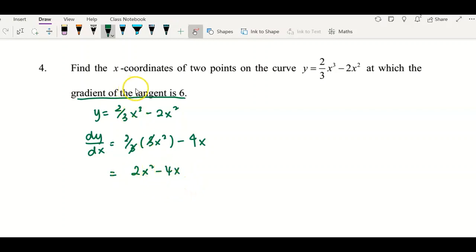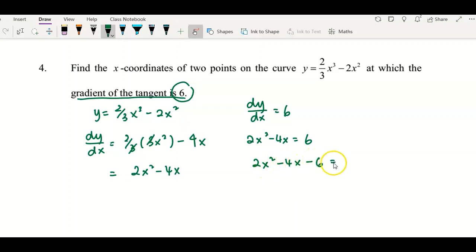In order to get the x-coordinate, we equate our dy dx to be 6. Meaning that 2x squared minus 4x equals 6. To solve this equation, I'm going to bring all the terms to the left-hand side, leave the right-hand side to be 0.